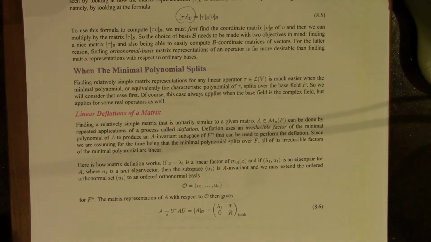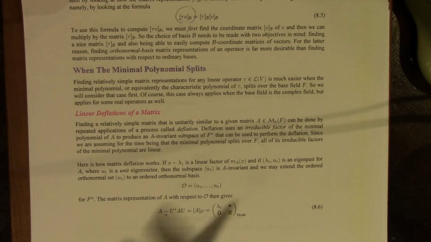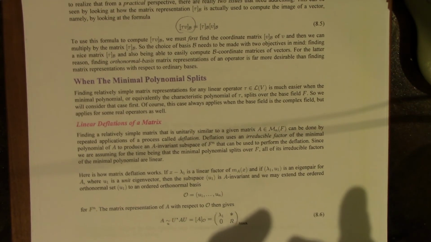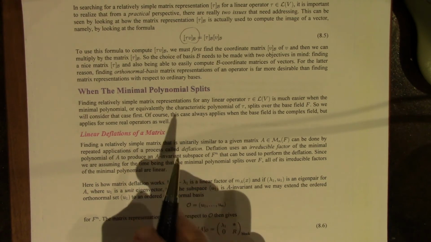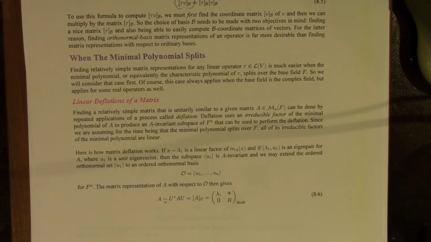So our first consideration is going to be for linear operators whose minimal polynomials split, or equivalently whose characteristic polynomials split. Finding a relatively simple matrix that is unitarily similar to a given matrix. So we're, as I said before, working in the universe of matrices.